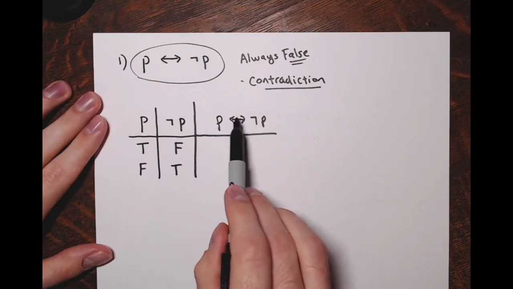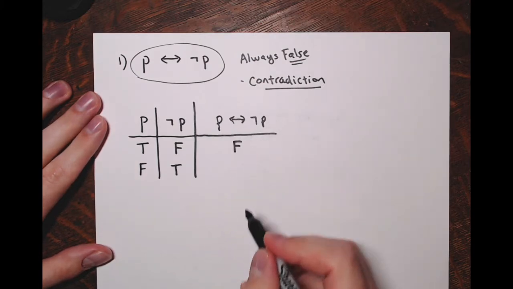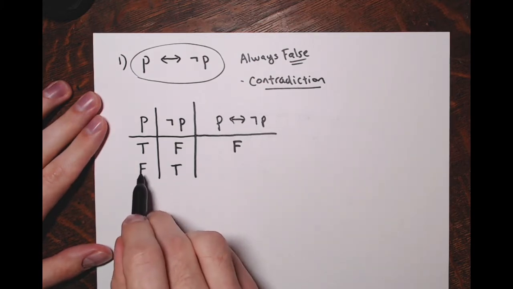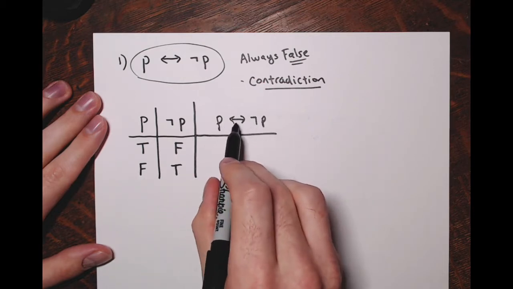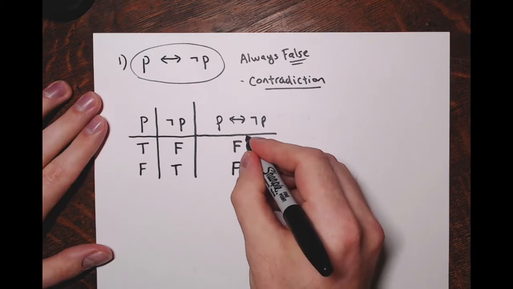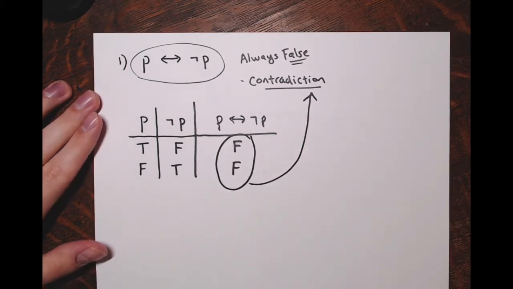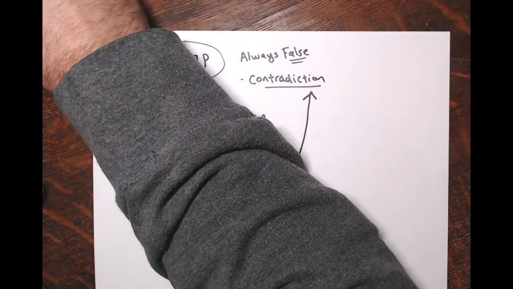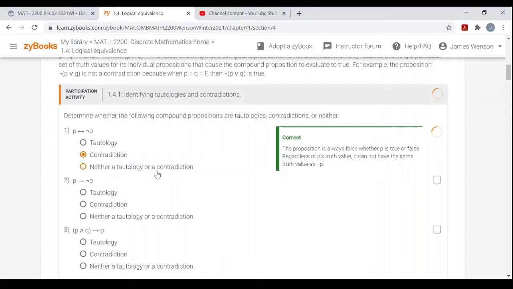These two statements have different truth values, so the biconditional is false. Same thing here: P is false, not P is true. Different truth values, so the biconditional is false. So we're seeing always false, a contradiction.